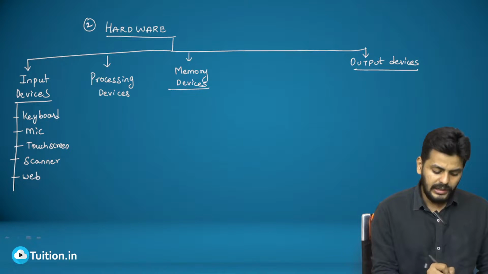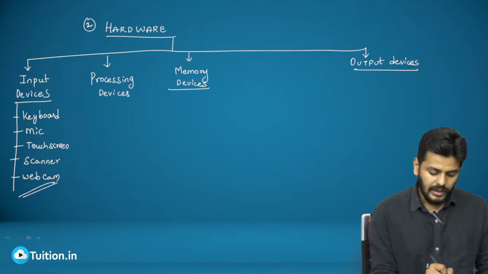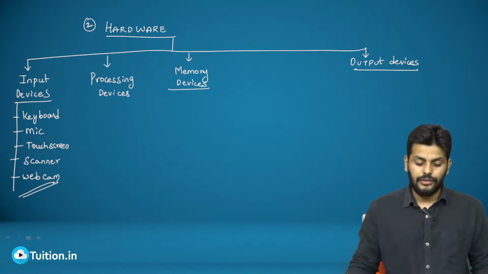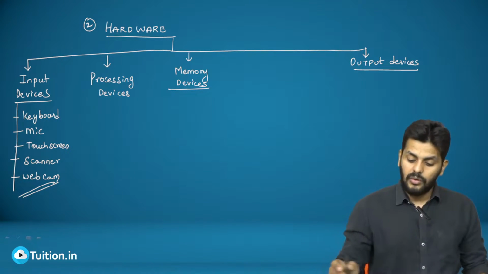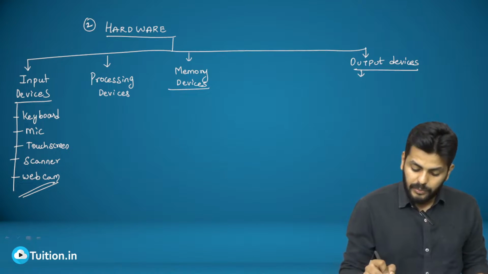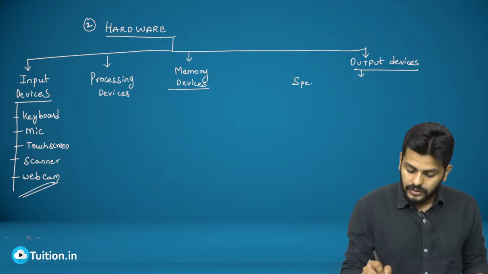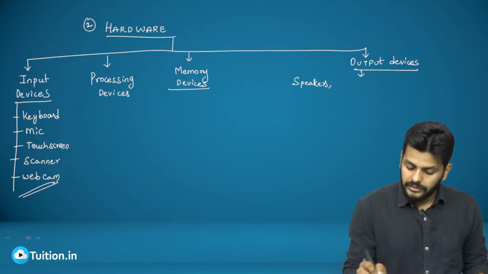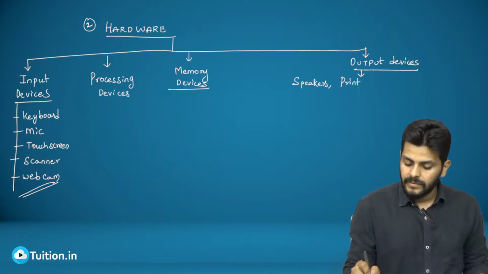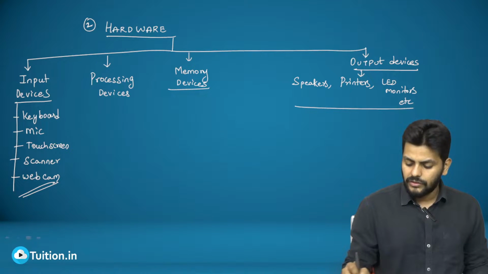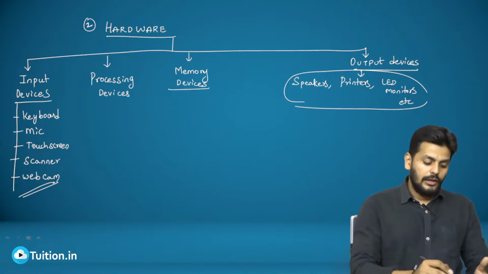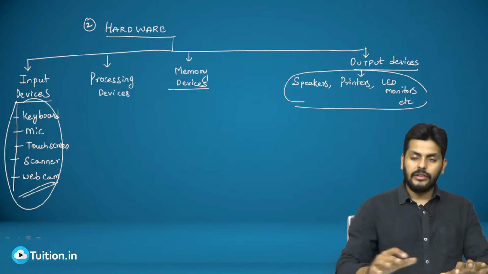You have so many devices which are called input devices, nothing much to discuss in today's generation about what these devices are. Going further, we discuss output devices. You know what output devices are: speakers, printers, the LED monitors, and so on. Let's not waste much time. So you go about input devices and output devices.